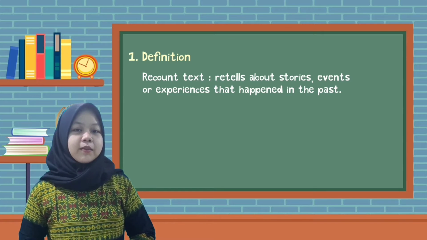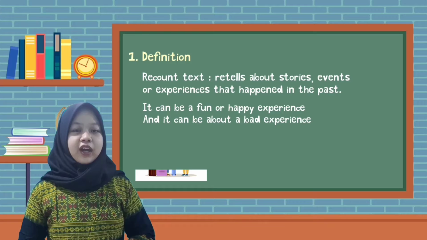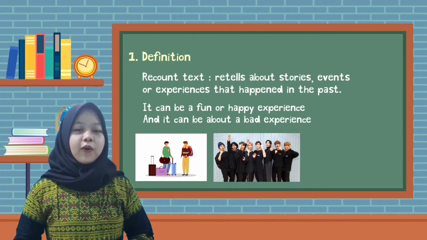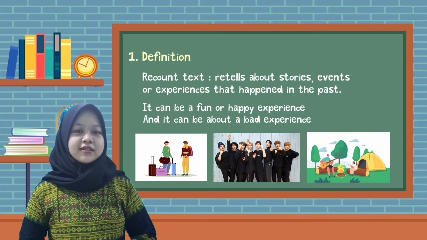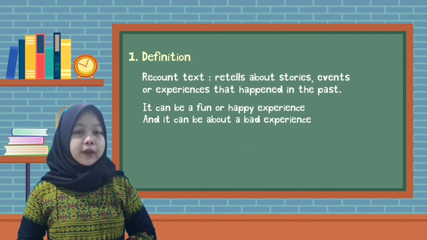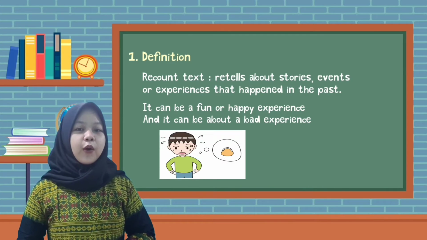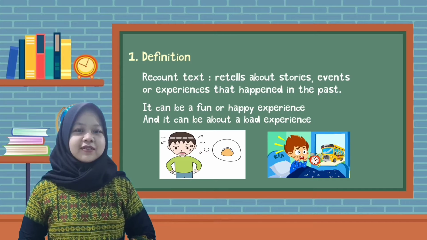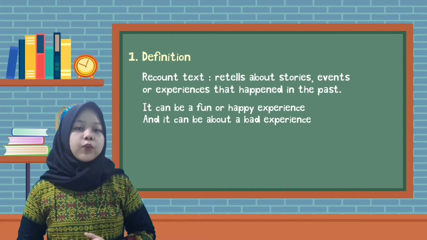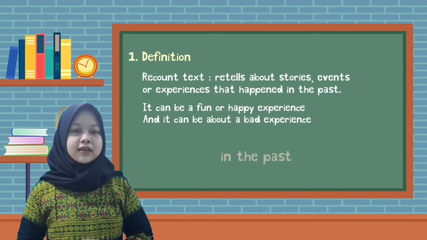Well, you can write about fun or happy experiences like going on vacation, meeting your favorite idol, or going camping with your friends. And also, you can write about a bad experience, maybe like losing your wallet or being late for school. The important thing is that you write about events that happened in the past.